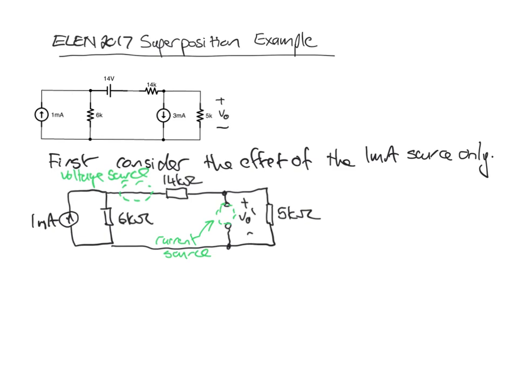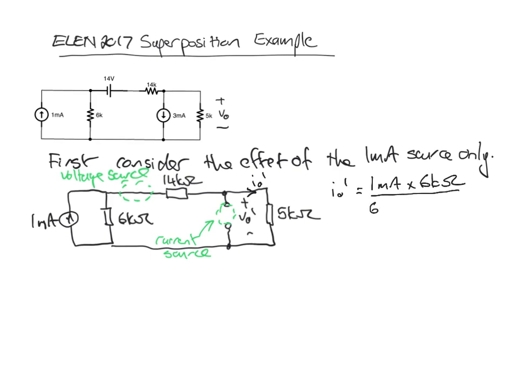So writing the current divider rule for the circuit, we have IO dashed here, and IO dashed by the current divider rule is 1 milliamp times the resistor in the other branch, so times 6 kilo ohms, divided by the sum of all the resistances.